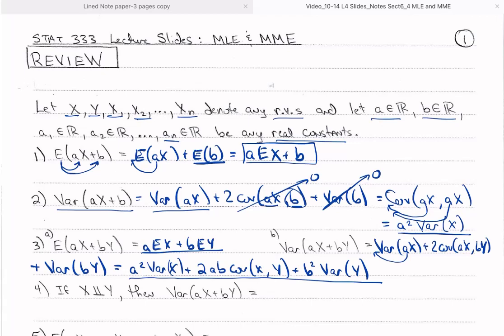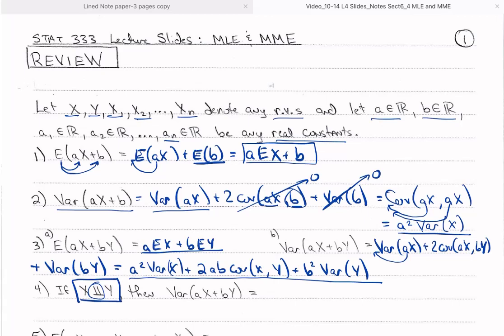Okay, now the variance of AX plus BY when X and Y are independent. This symbol means X is independent of Y, or orthogonal if we're talking about matrices, or at right angles if you want to think about it that way in two-dimensional space. So X and Y are independent.